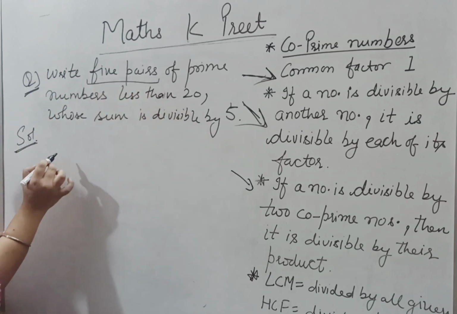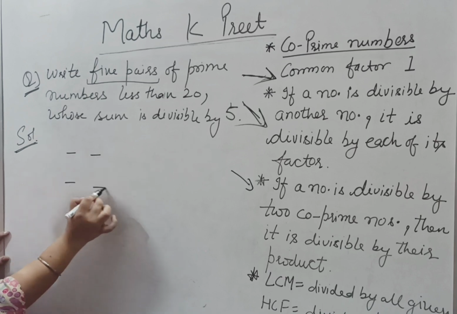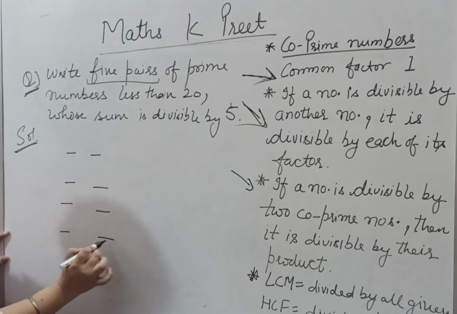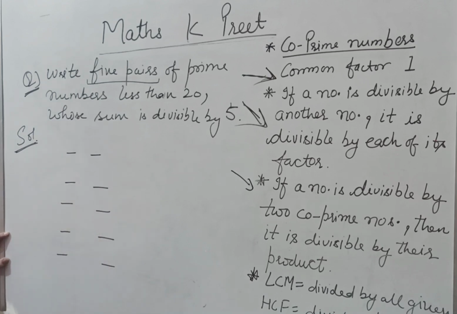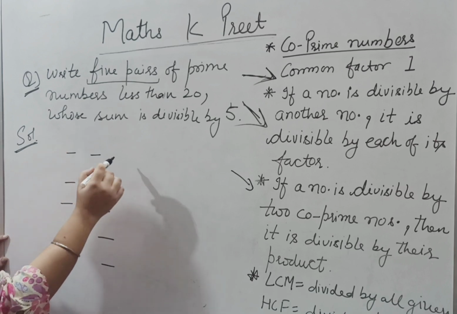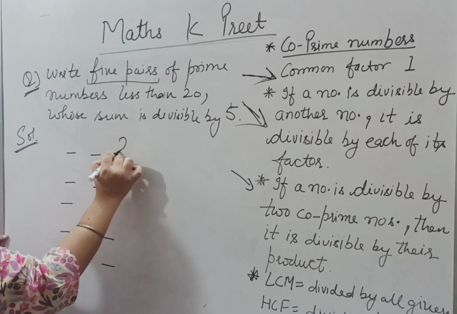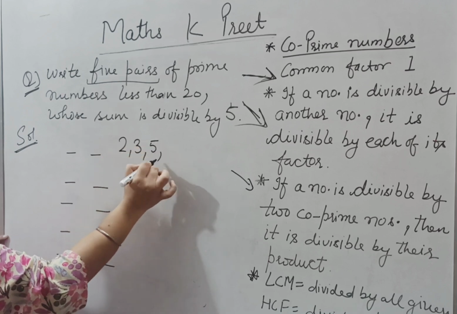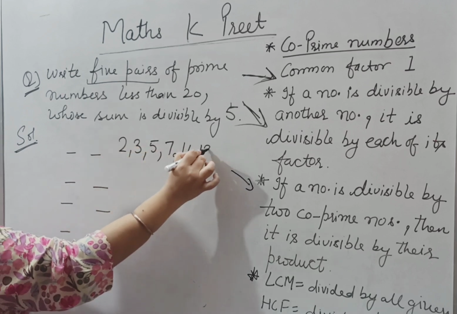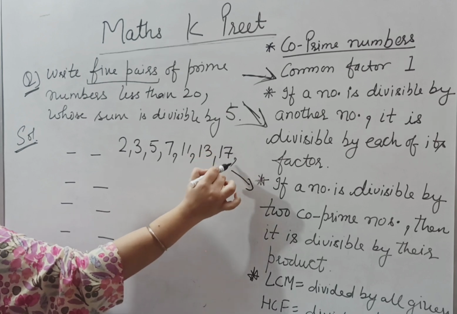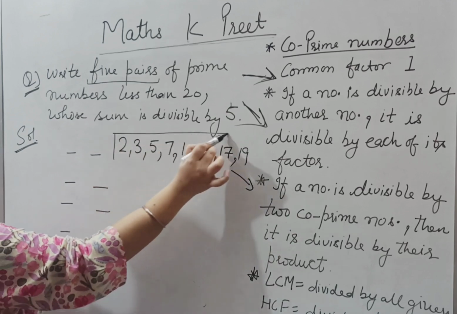Pair means any two prime numbers, so these blanks will have only prime numbers, and less than 20. So let's write the prime numbers which are less than 20: 2, 3, 5, 7, 11, 13, 17, 19.